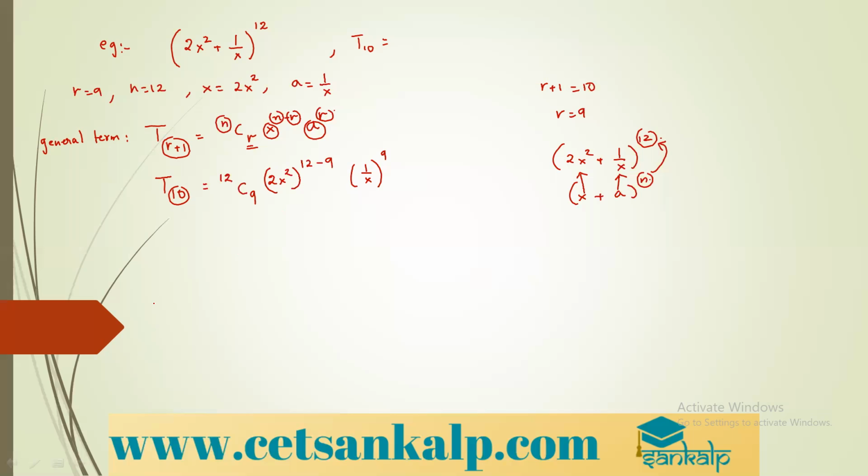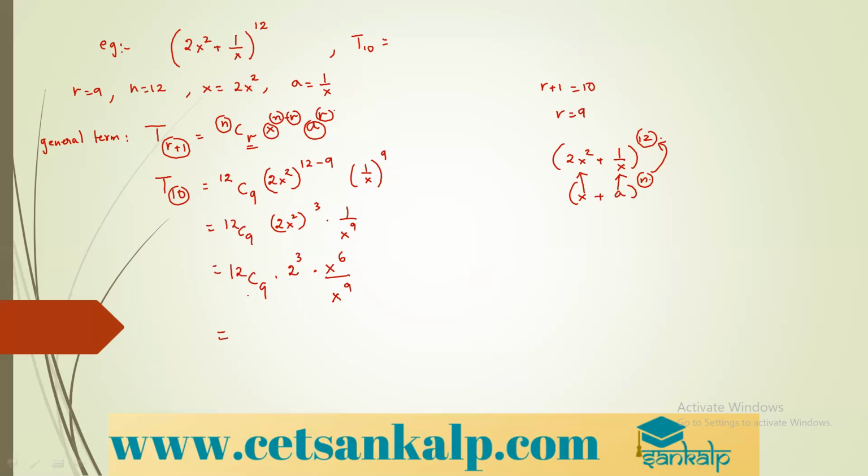If you have to simplify this further, you will write 12C9 (2x²)³ and then (1/x)⁹. If you want to simplify more, 12C9 into 2³ into x⁶ by x⁹.